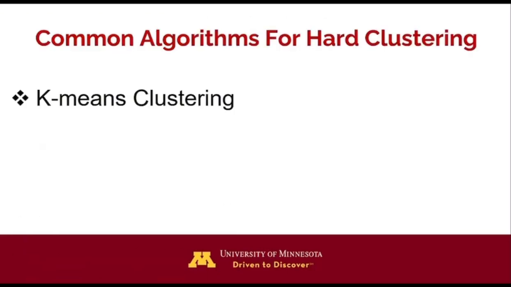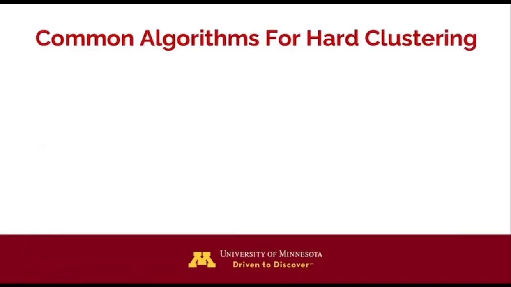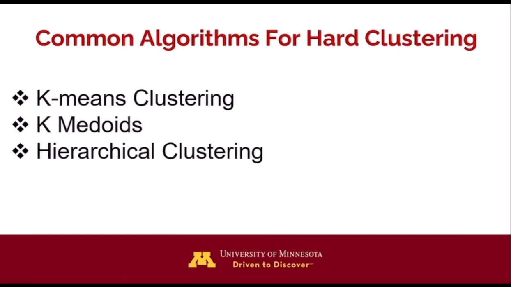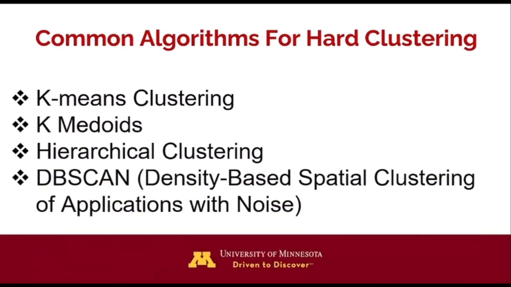At this point, we want to talk about some common algorithms for hard clustering. The first one is K-means clustering. We have hierarchical clustering, and we have density-based spatial clustering of applications with noise. All of these are algorithms that we use for hard clustering.